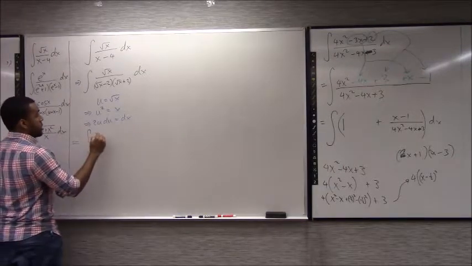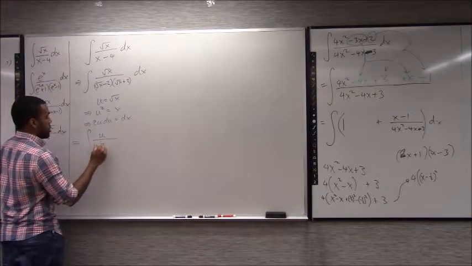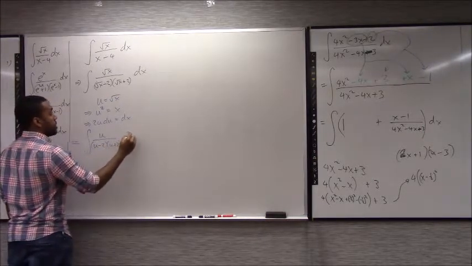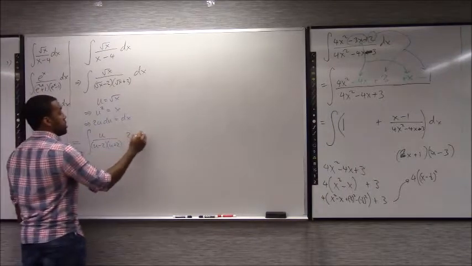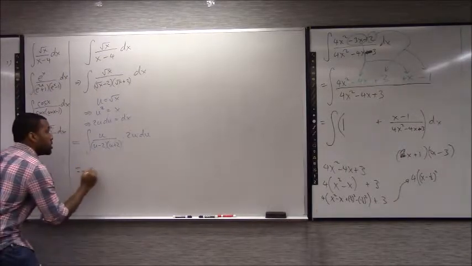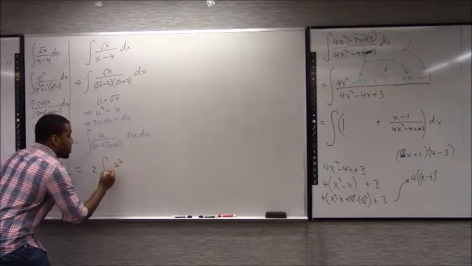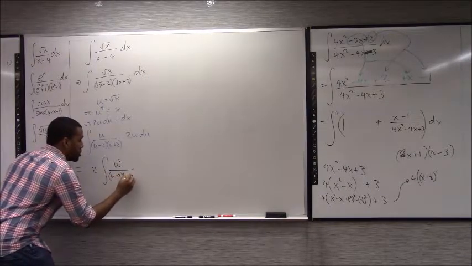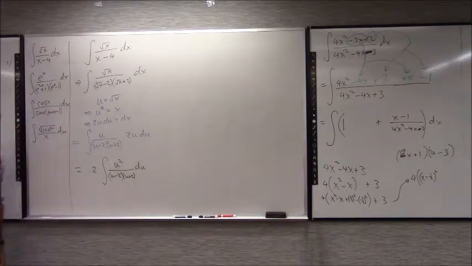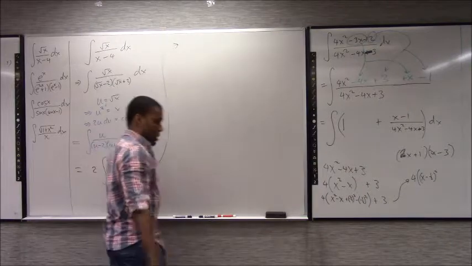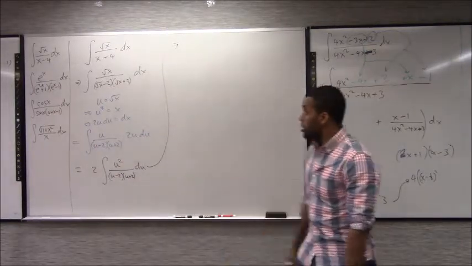I'll replace all my radical x's with u's, and my dx would be replaced by 2u du. And so basically what I end up with is 2 times u squared over u minus 2 times u plus 2. How would we approach that with partial fractions?